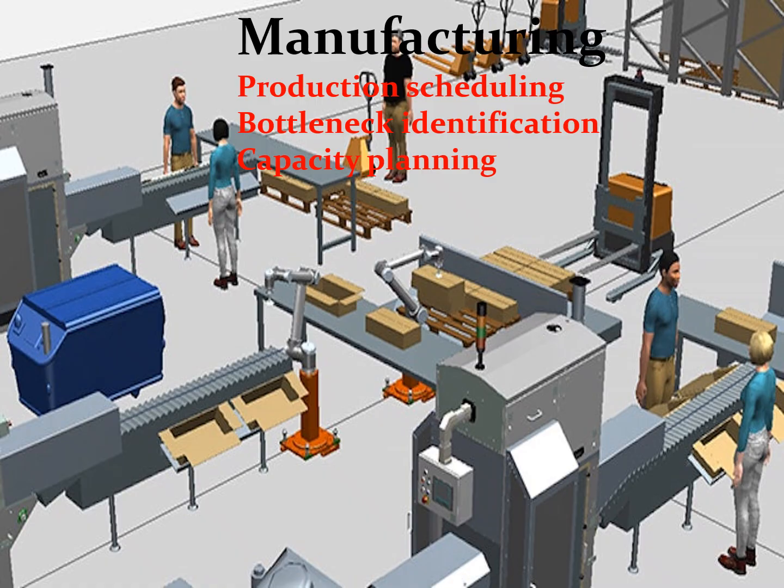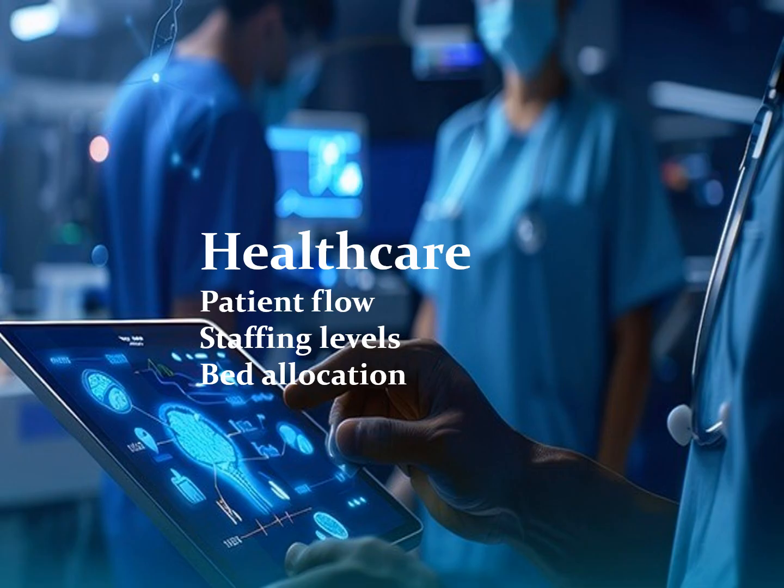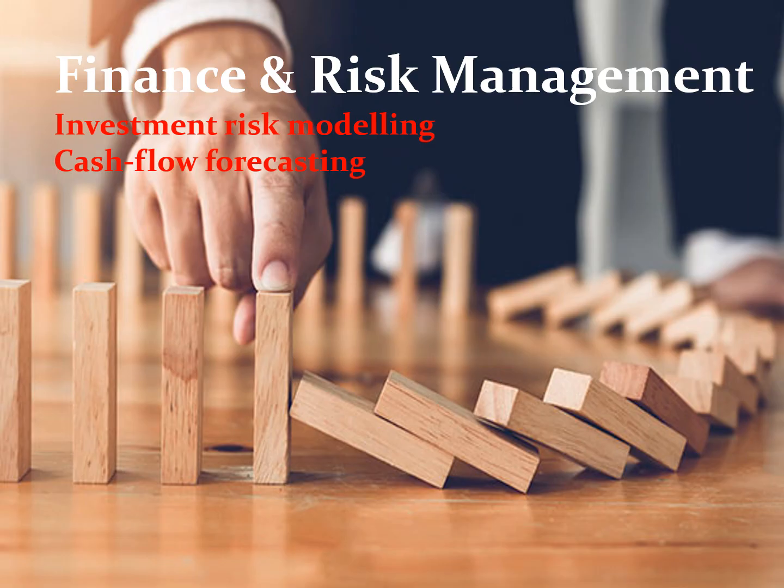Simulation models are also used in manufacturing for production scheduling, bottleneck identification and capacity planning. Simulation models are also used in the healthcare industry to find out patient flow, staffing levels, and bed allocation. Another important application of simulation model is in finance and risk management, which mainly involves investment risk modeling and cash flow forecasting to mitigate the risks in the business.